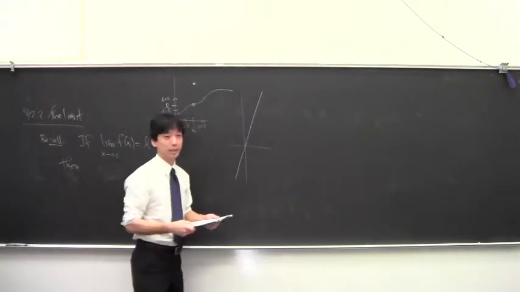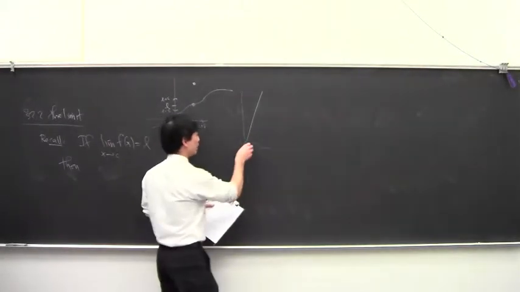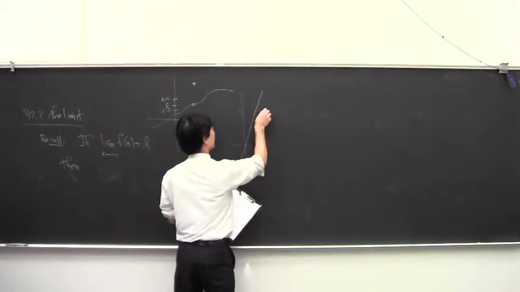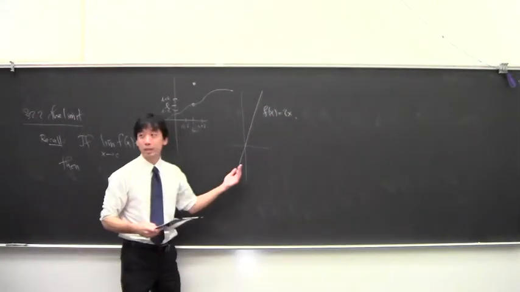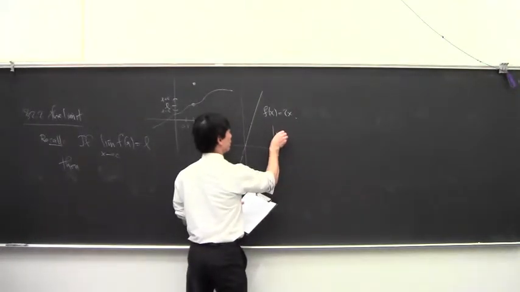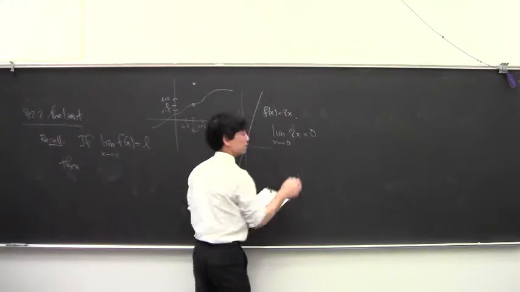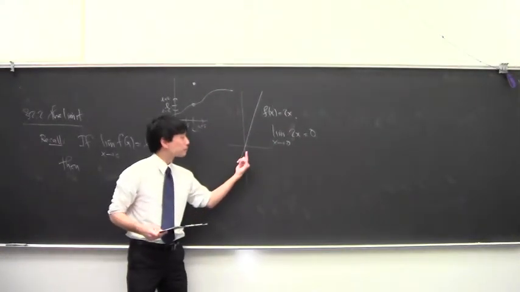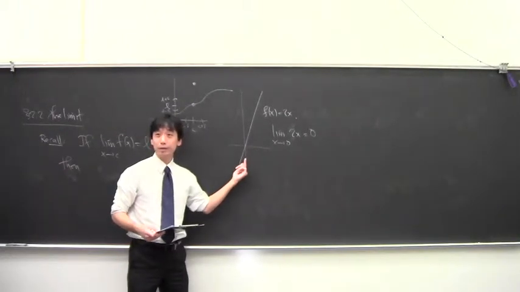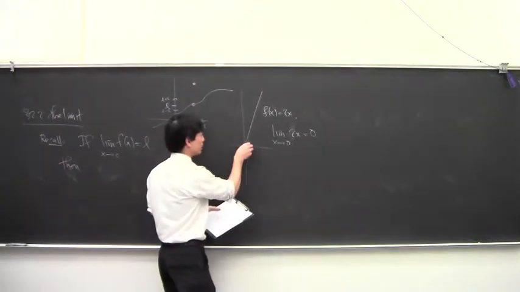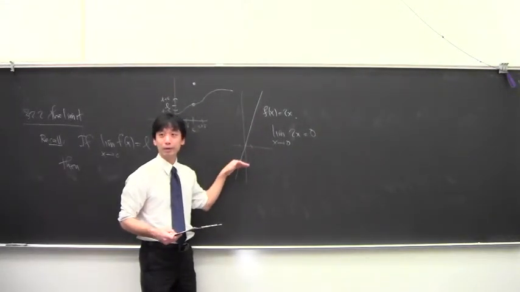We had something like this and said, how close do we have to be to 0? The slope, it was something like f of x equals 2x. If somebody said, I'd like you to stay within 1 of 0, how close must the inputs be to 0 to ensure that the outputs stay within 1 of 0?